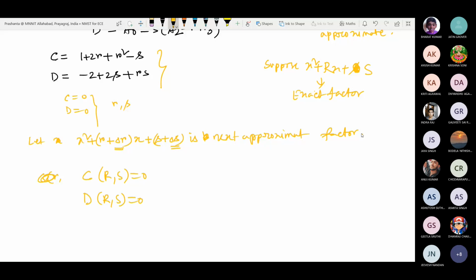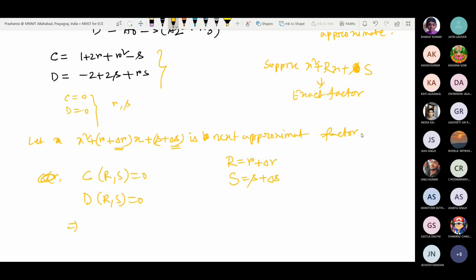So assume R equals the chosen value plus the improvement, and S is the chosen S plus the improvement.